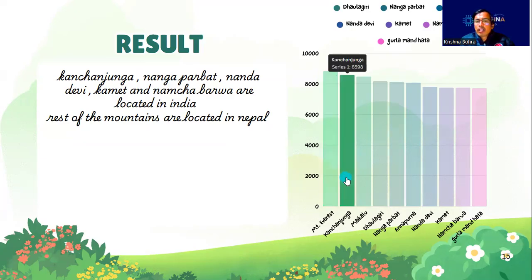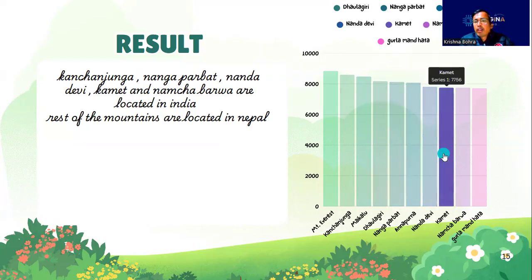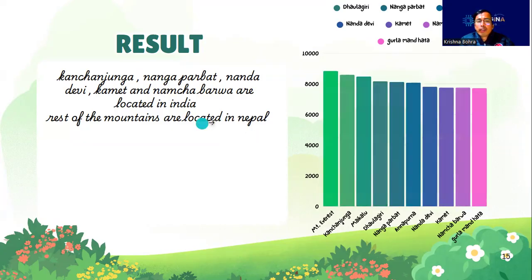Next after that is Kanchenjunga, followed by Makalu, then Dhaulagiri, Nanga Parbat, Annapurna, Nanda Devi, Kamet, Namcha Barwa, and Gurla Mandhata, of which Kanchenjunga, Nanga Parbat, Nanda Devi, Kamet, and Namcha Barwa are located in India, and the rest of these mountains are located outside India.